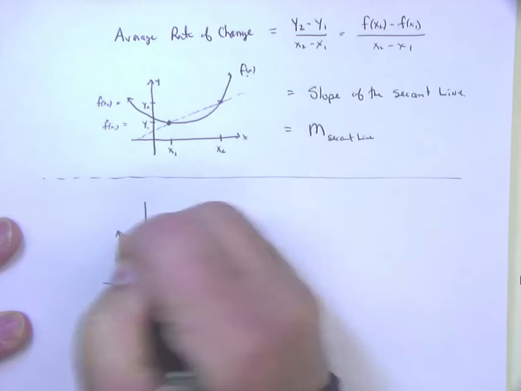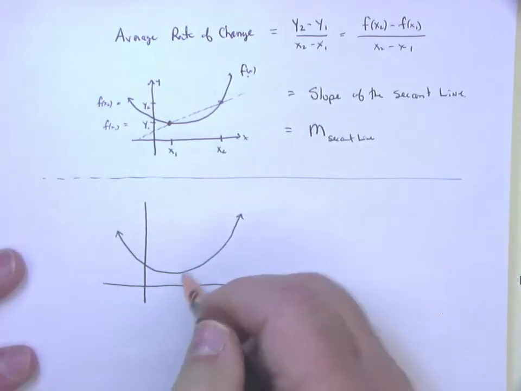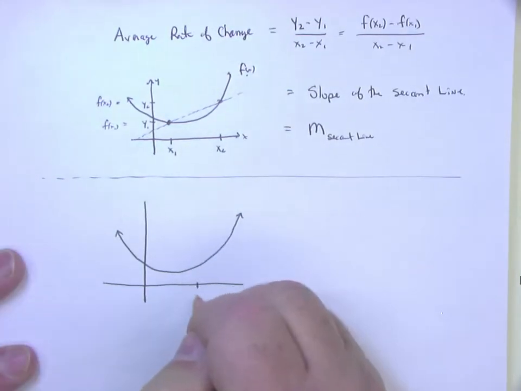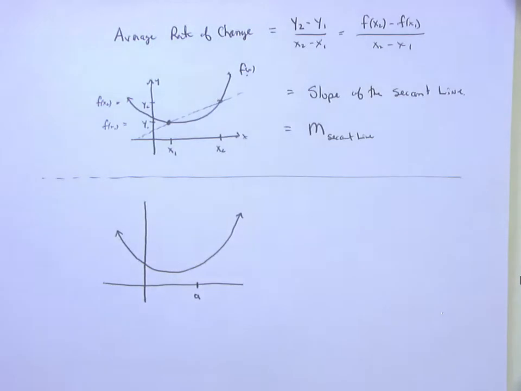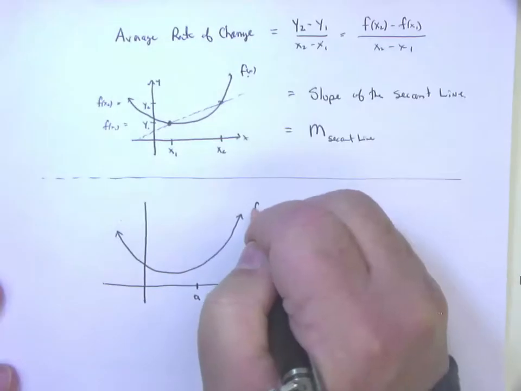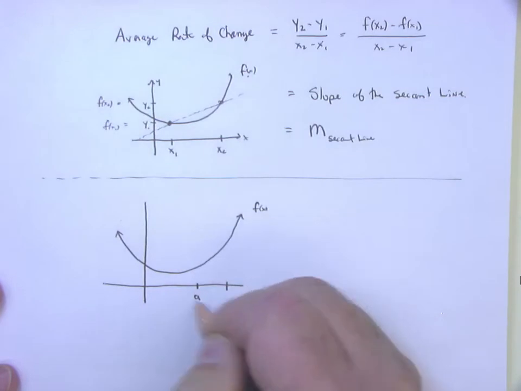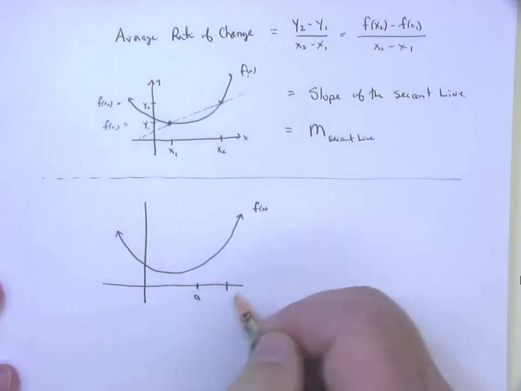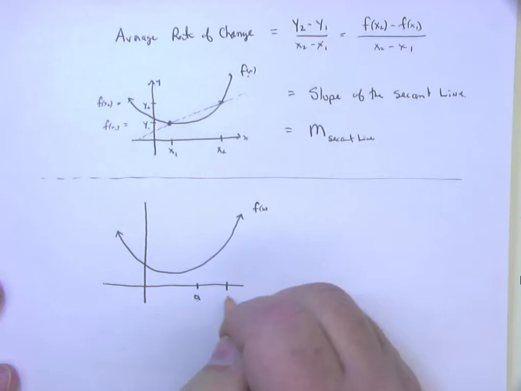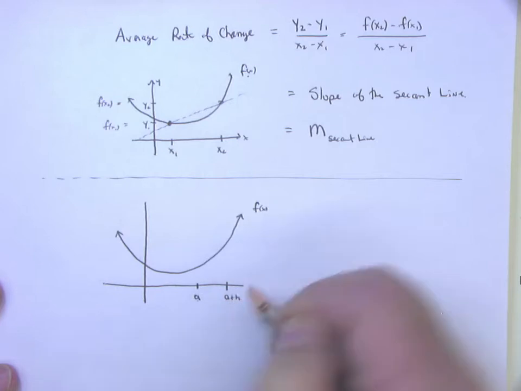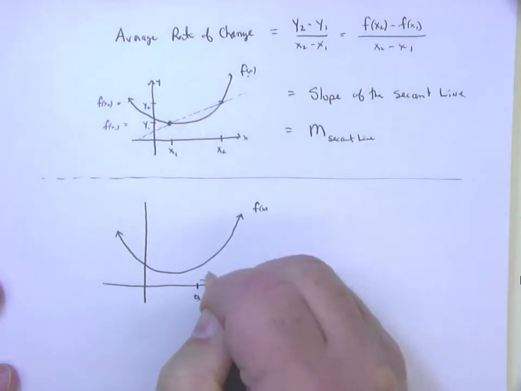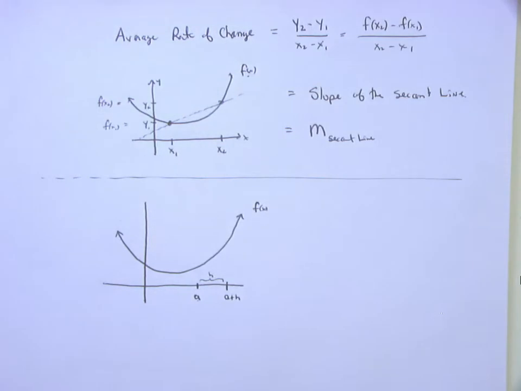And I'm going to pick out a different point. I'm going to pick out this point A right here. Here's my function again. Call this guy A. And I'm going to move over a little bit. This is like my x1. This is going to be my x2. But I'm going to call x2 A plus h, where this distance between these 2 points is actually an h distance.